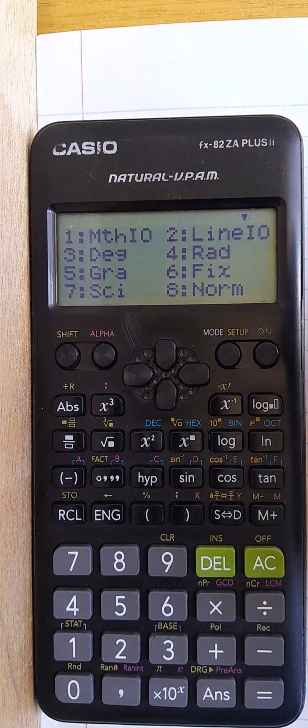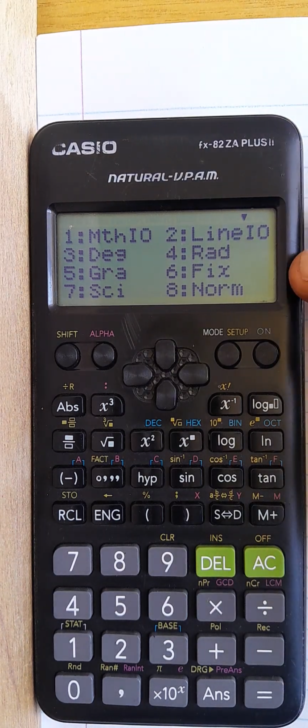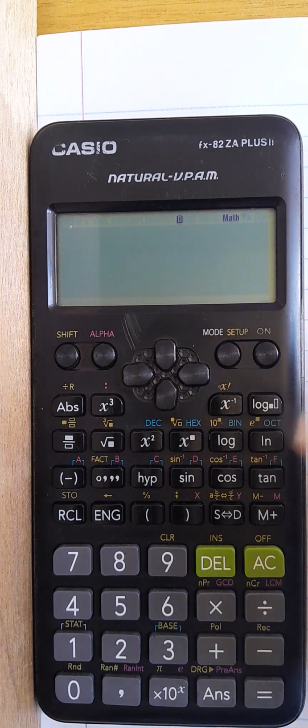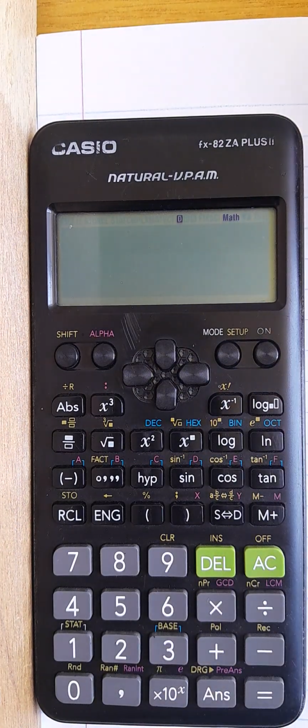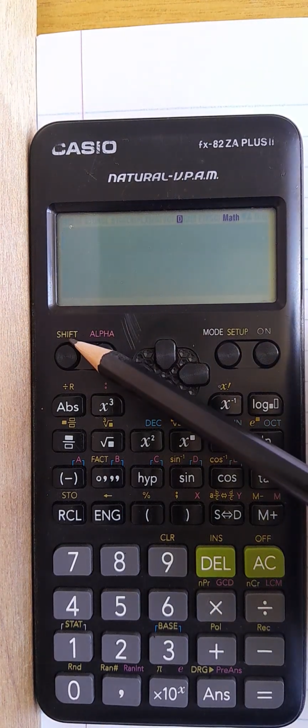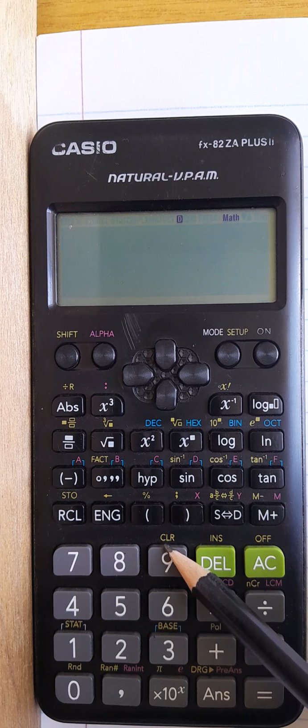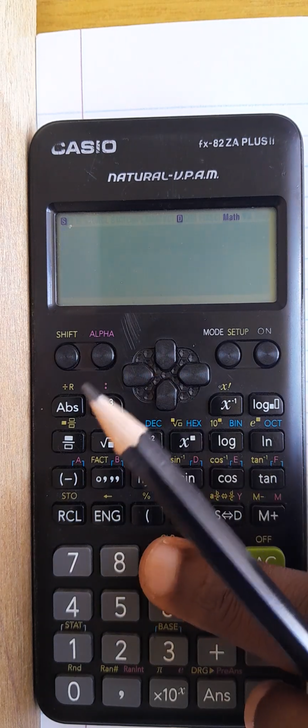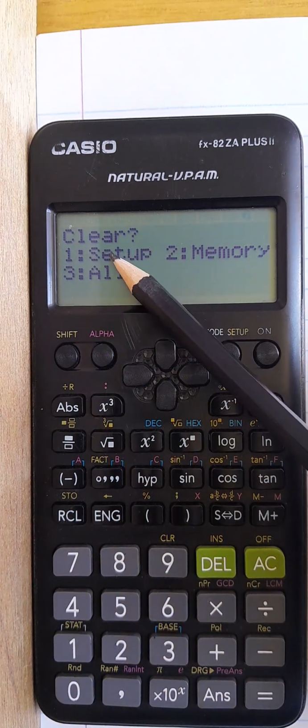Before you even press your calculator in the exam room, make it a point that you refresh your calculator from scratch. How do you do that? You press the shift button, you press clear. This is clear, you clear information. So you shift, number 9 is clear. You clear your calculator.